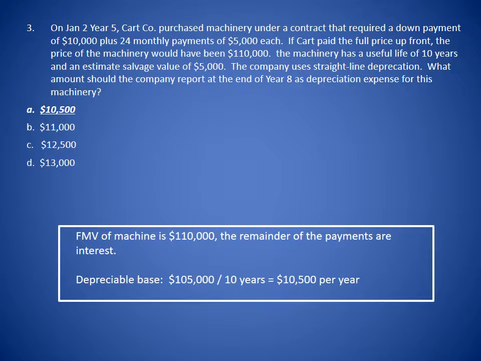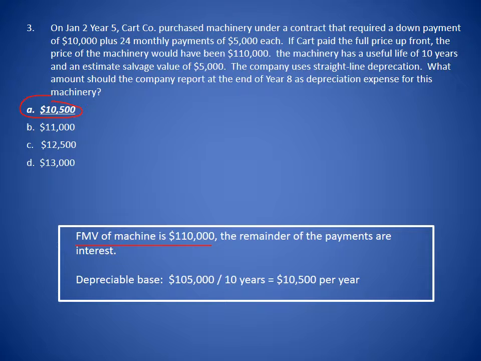And you can see from slide number 3, the answer is $10,500 to the question, what amount should the company report at the end of year 8 as depreciation expense for this machinery? The little glitch in the question is that the fair market value of the machine is actually $110,000.